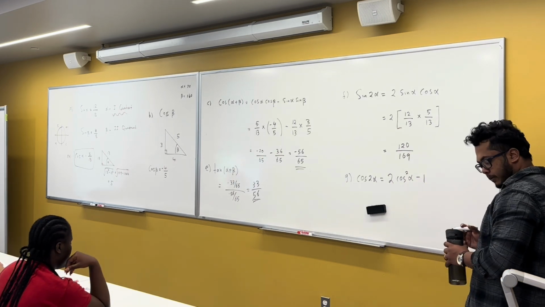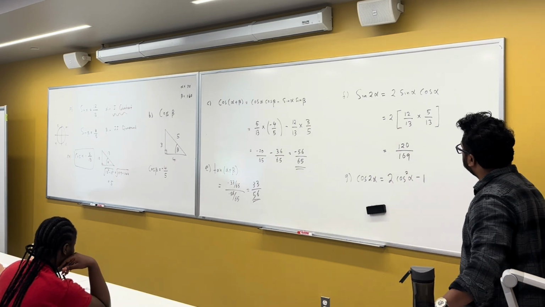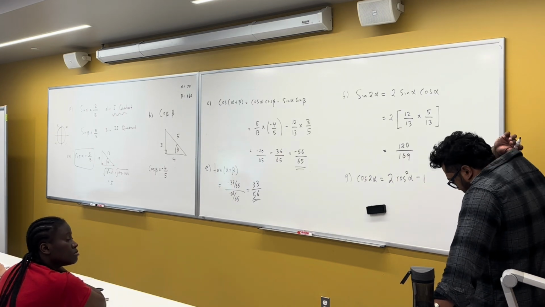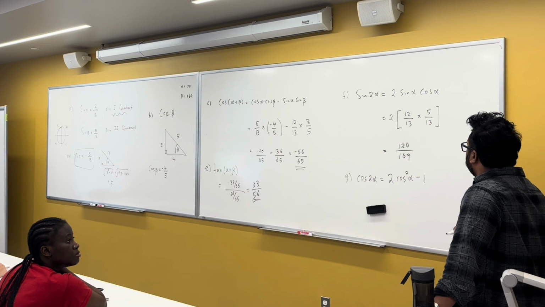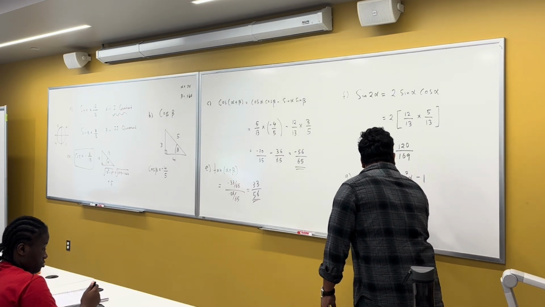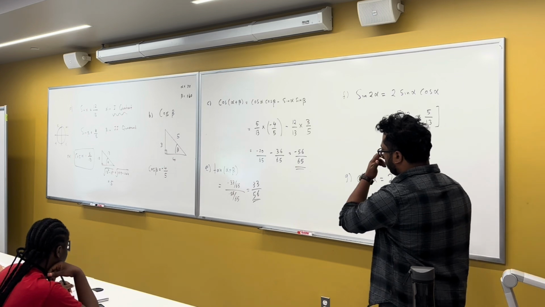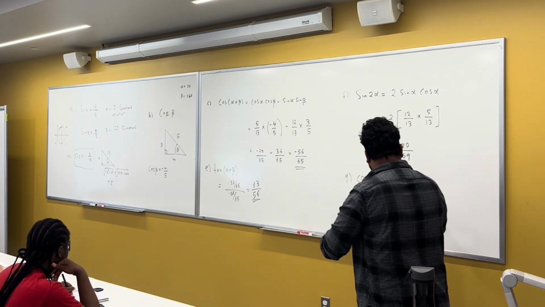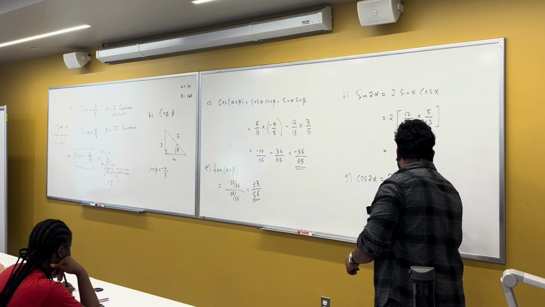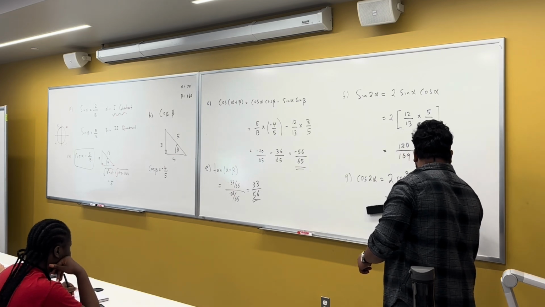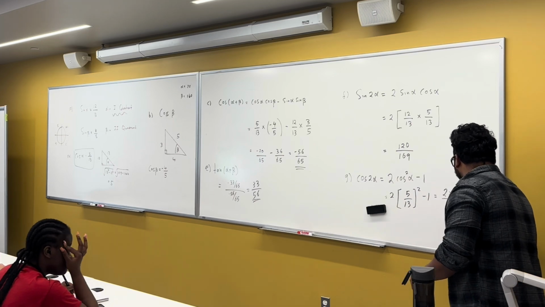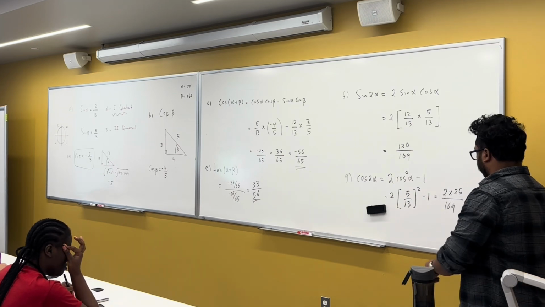You can write it down and practice a couple of times, and in pre-calc you don't need to memorize all the formulas. Okay? You can use the formulas. 2 cosine squared alpha. Cosine alpha I found over there, 5 over 13. But I need to square it because that's what the formula says. It's 2 times 25 over 169 minus 1.